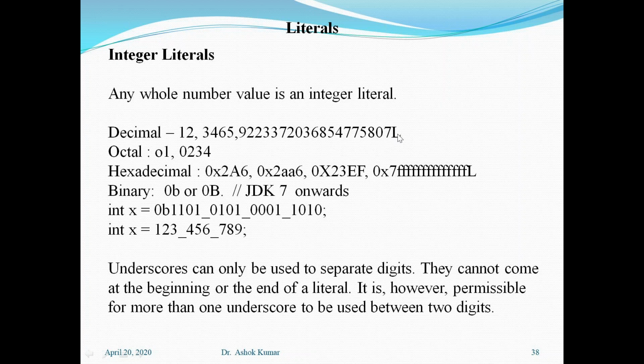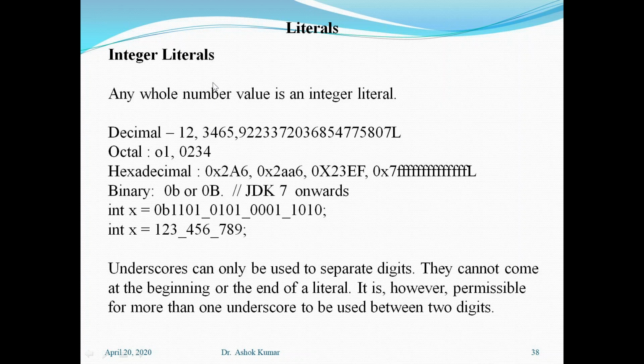If you add suffix L, then that number will be treated as a long integer, which means the system will allocate 8 bytes of memory. And if I add L to 12, then 12 will become a long integer literal.